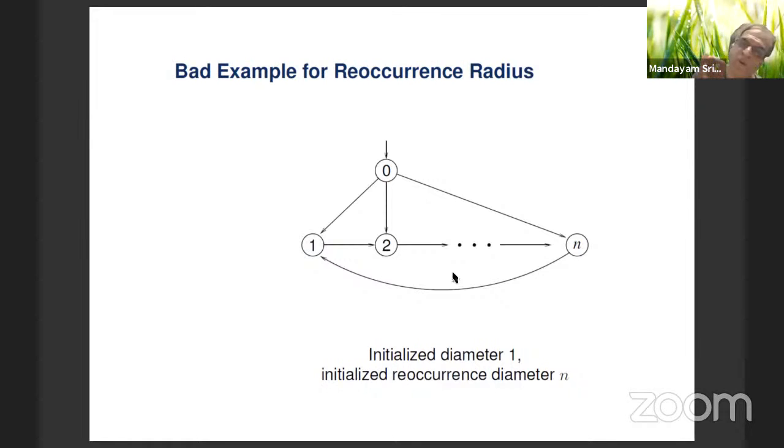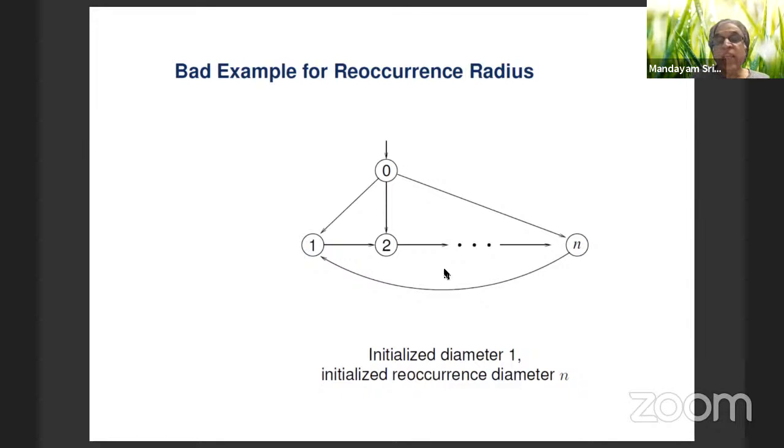Suppose the diameter D is greater than R. Then there must be a path, the shortest path, from some initial state to some state.